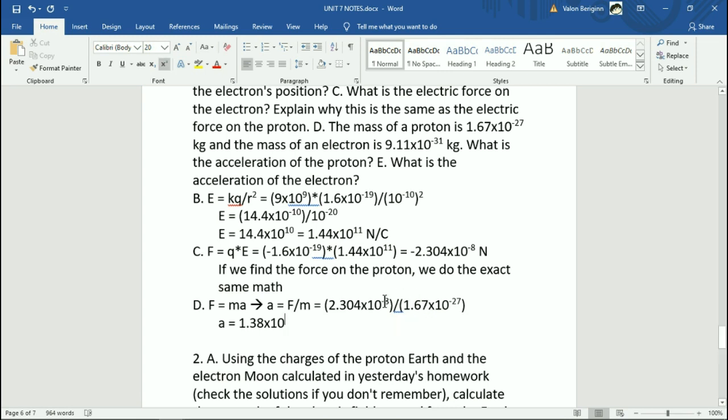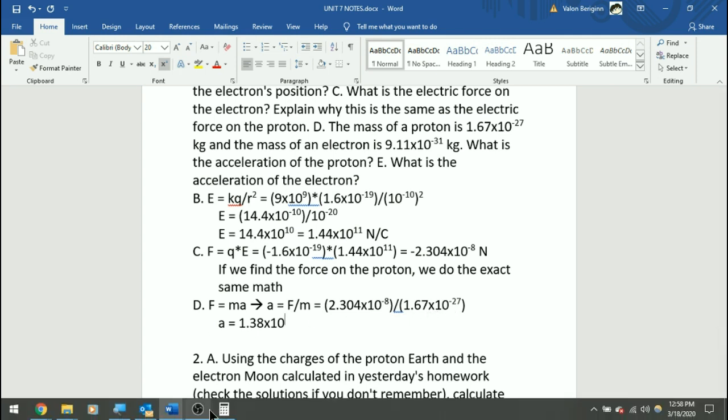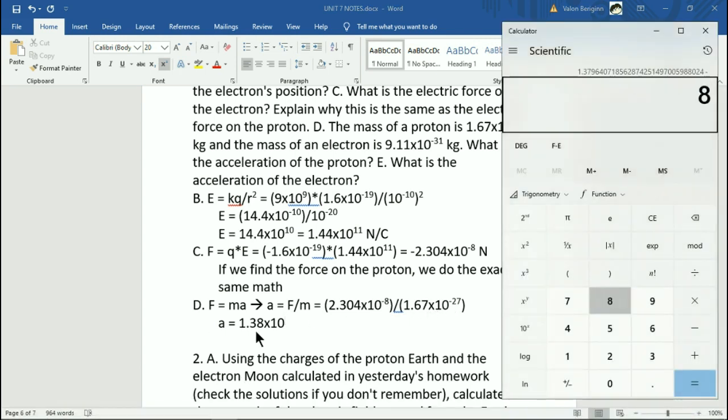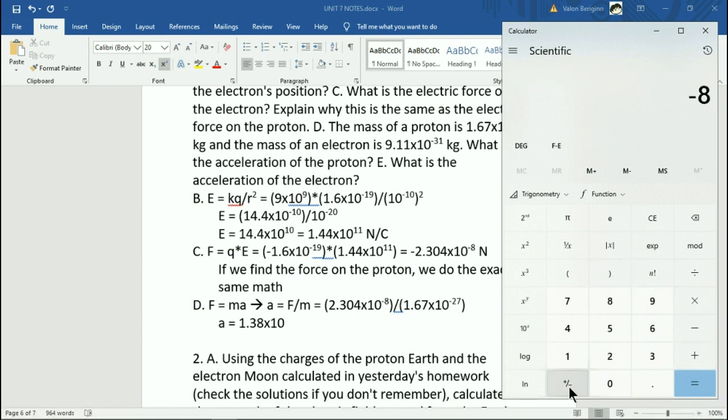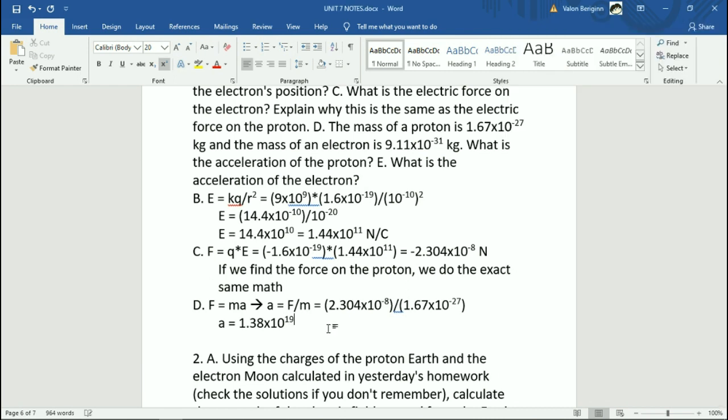And exponents, negative 8 minus negative 27, so that would be 19. I don't trust myself. Negative 8 minus negative 27. Okay, 19. Yes, I don't trust myself with exponents anymore. So yeah, that's the acceleration of your proton.